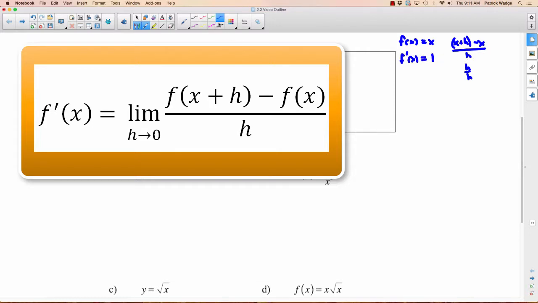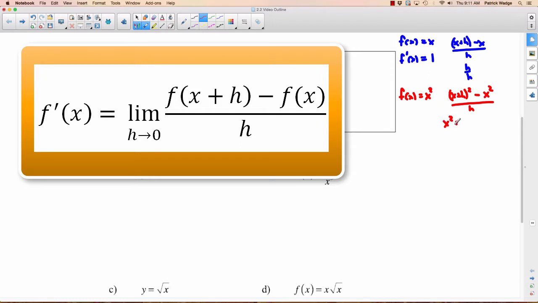Okay, good. Let's do something a little more difficult. Let f of x equal x squared. Using the same difference quotient formula, we first plug x plus h in here and get x plus h all squared. Then we subtract the actual function, x squared, and divide it all by h. Of course we have the limit, but I just don't have room to write it.